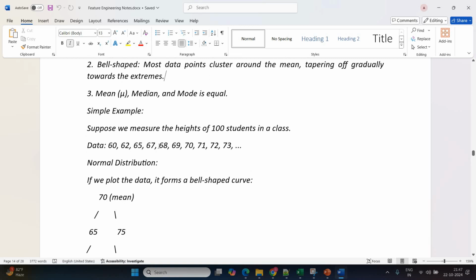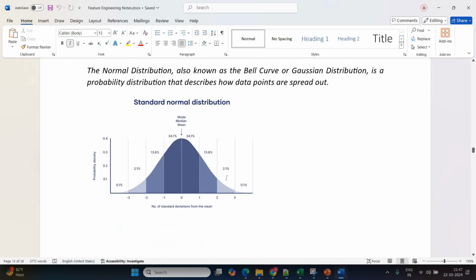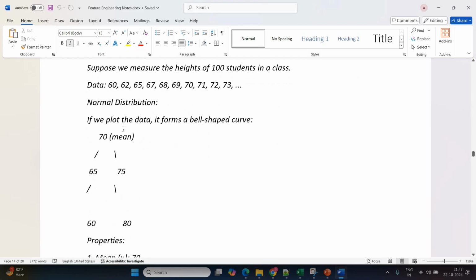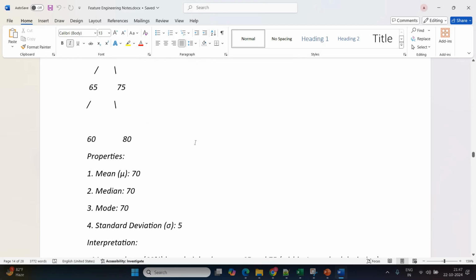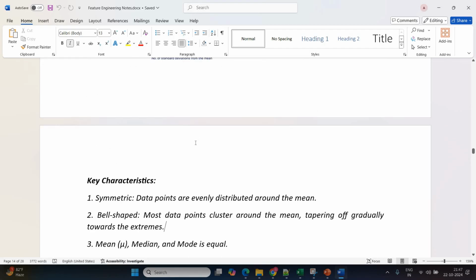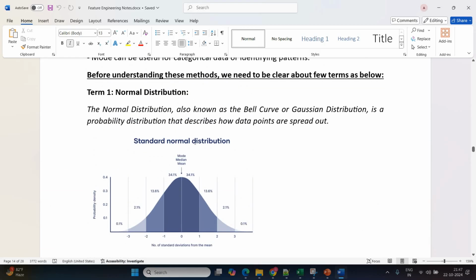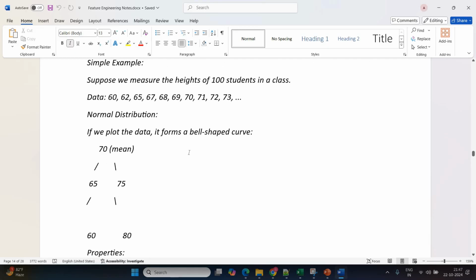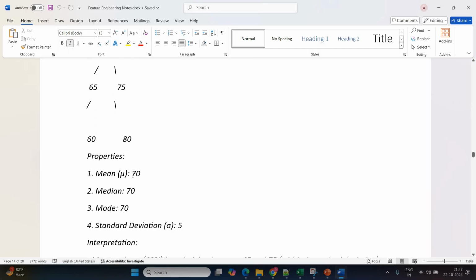Here the example given is something different, with values like 60, 62, 65, 67, 68, 69, and so on. This is just a representation of the characteristic of the normal distribution: whenever you find the mean, median, or mode, all these values will come out equal.